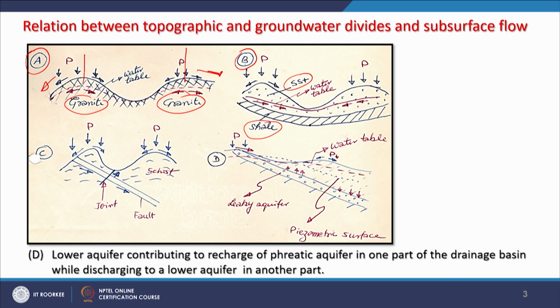So, what would happen then? Here the watershed boundary or basin boundary was at the apex of these mounds, but here, topographically, the watershed boundary would be here, but you see these arrows are suggesting that water from the other side of this watershed boundary, meaning from another basin, can come in here also.